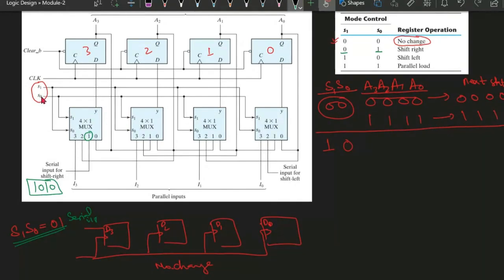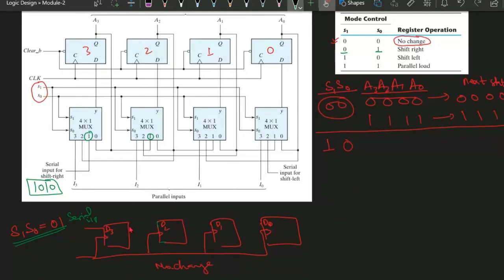Similarly, the select line is common for all the 4 muxes. For this mux also, I1 will be connected to Y and this Y is connected to D. The input of D2 flip-flop is connected with which one? You can see here, it is connected with the output of D3.